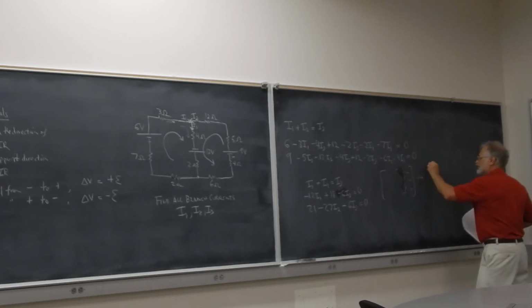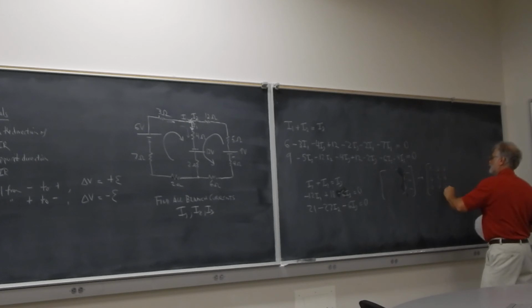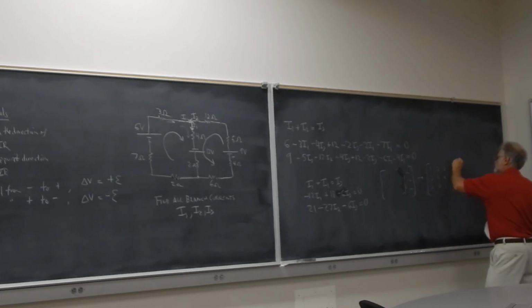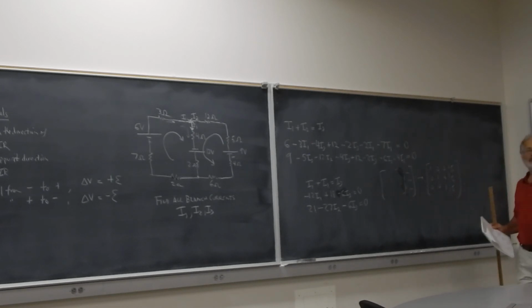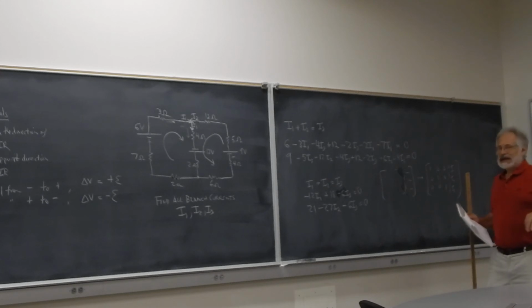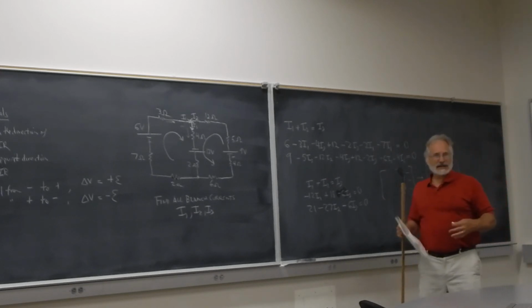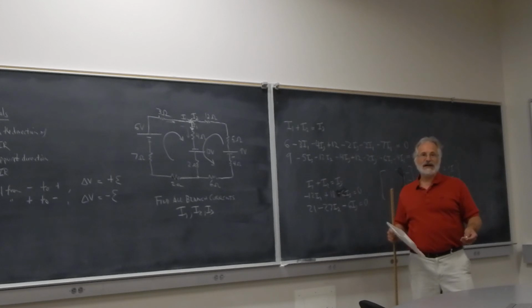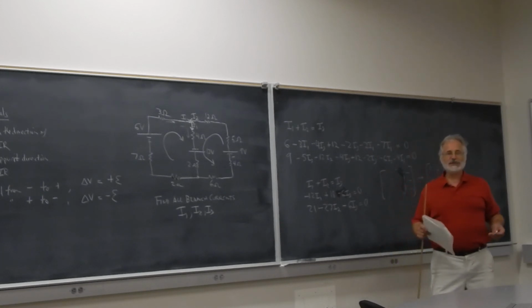Row reduce the matrix until you have the identity matrix. And the 3 values that you have essentially will be the 3 currents, not necessarily in this order, but you'll get the 3 currents. That's a way that people tend not to use, although it's a nice way to solve it. It's a nice way to use your linear algebra skills.